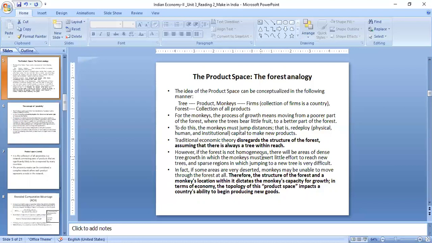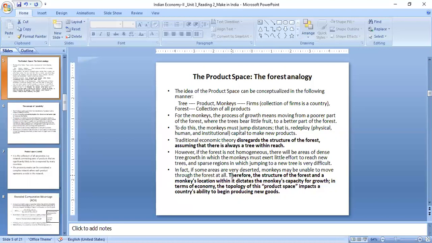But suppose the forest is not homogeneous, that means there are some areas which are dense in terms of tree growth, where monkeys can very easily jump from one tree to another. However, there may be some sparse regions, where trees are located a little far away from each other, and hence jumping to a new tree is going to be relatively difficult.